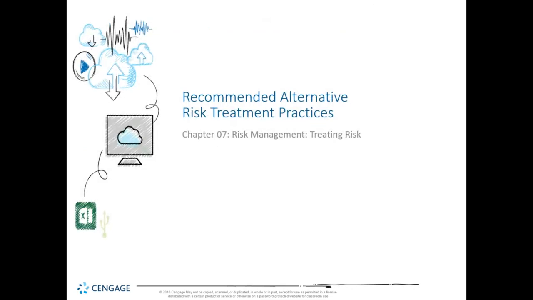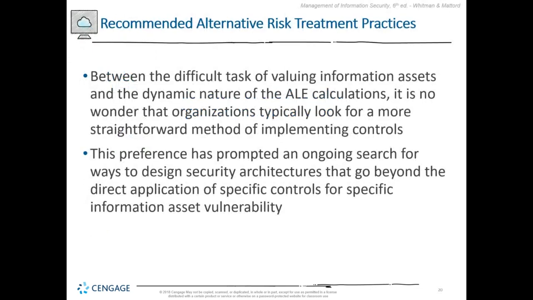We do have some recommended alternative risk treatment practices. One of the things is that we have the issue of valuing information assets and the dynamic nature of the ALE calculations.